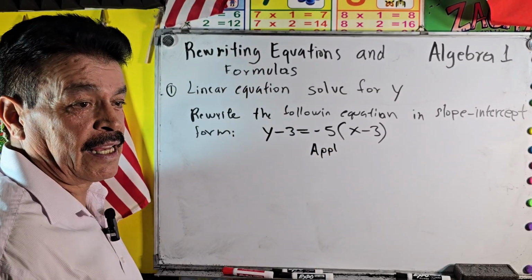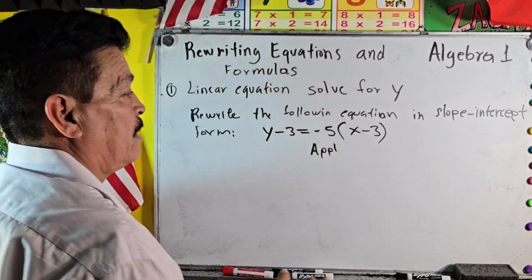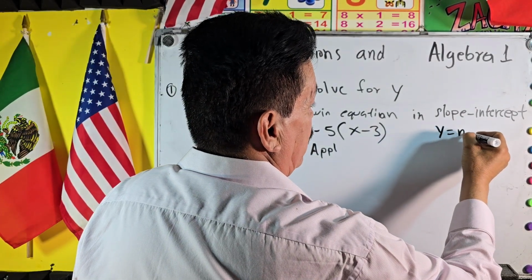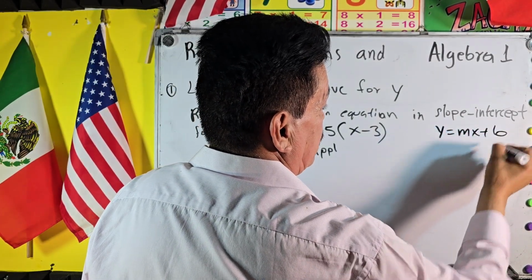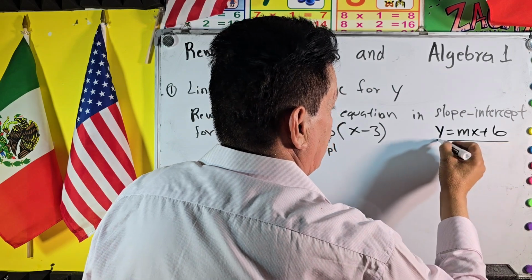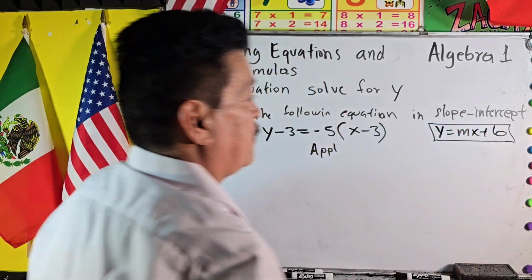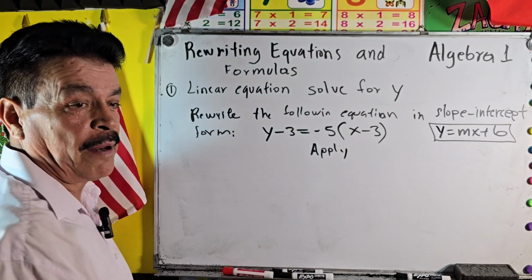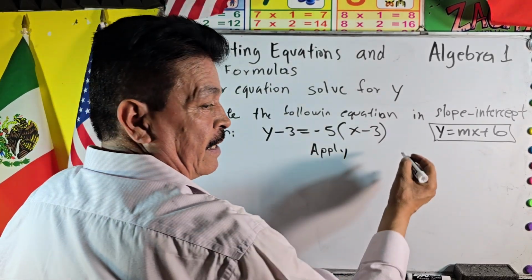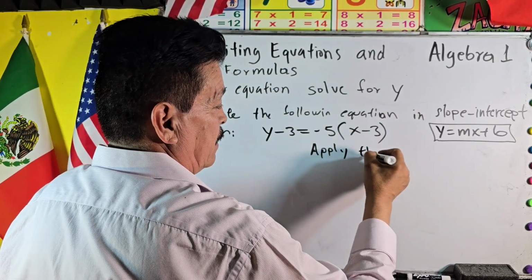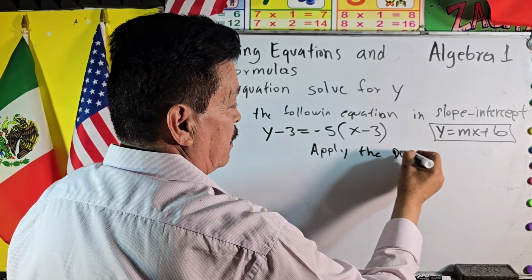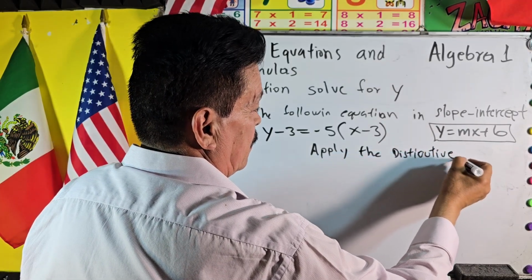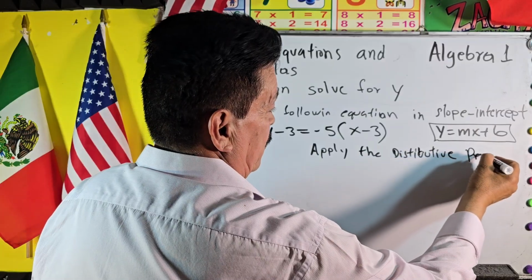The slope-intercept form is y equals mx plus b. Slope-intercept form, right? So we have to apply here the distributive property.